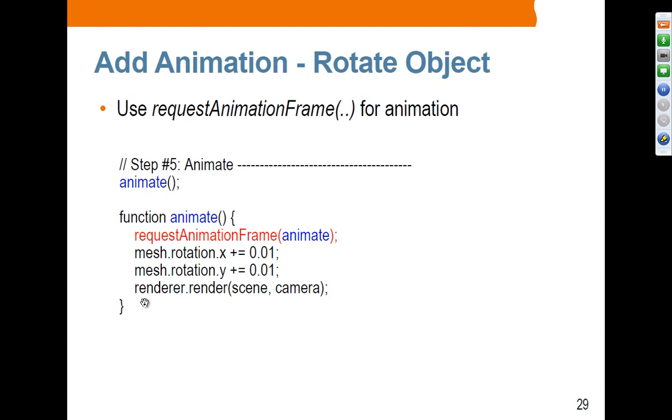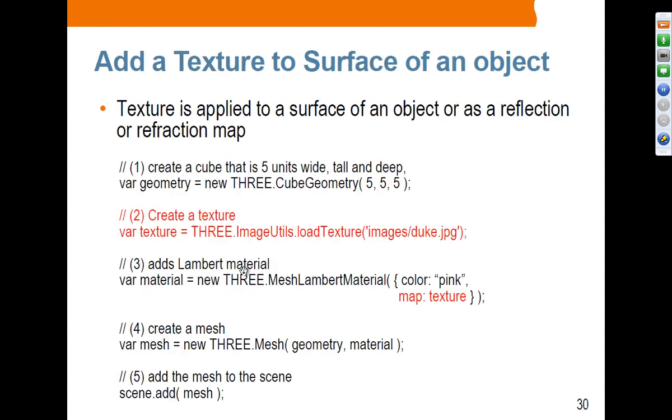And then we call render. Once we call animate, it is called recursively, and every time it gets called, it will change the position of the mesh object. That's what adding animation does.